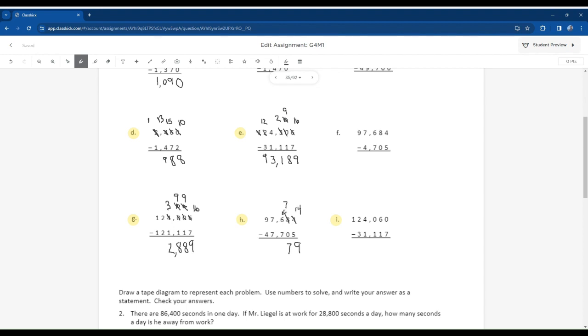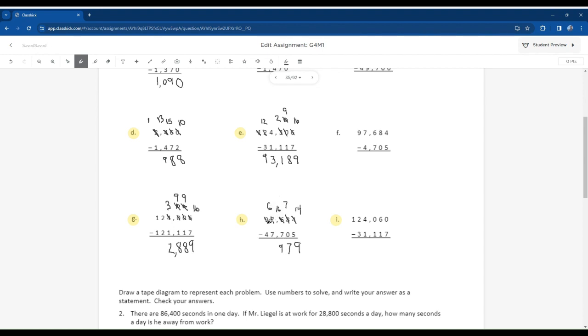6 minus 7 I cannot do. I need to regroup, so I'm going to regroup from the thousands place. So 7 thousands is going to become 6,000, and 10 hundreds plus the 6 I already have gives me 16. Now I'm able to subtract. 16 minus 7 is 9. 6 minus 7 cannot do.